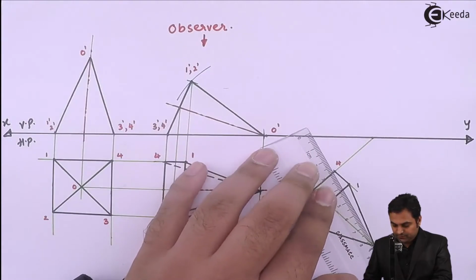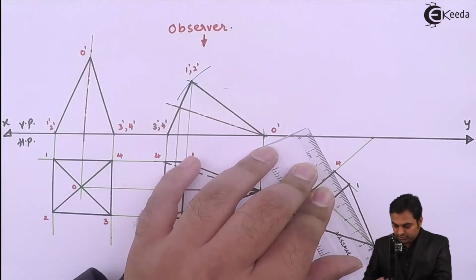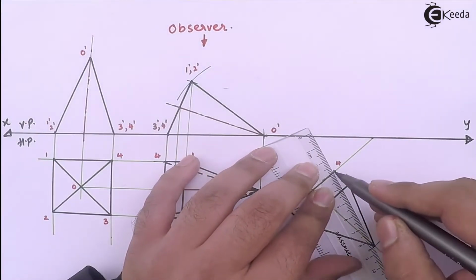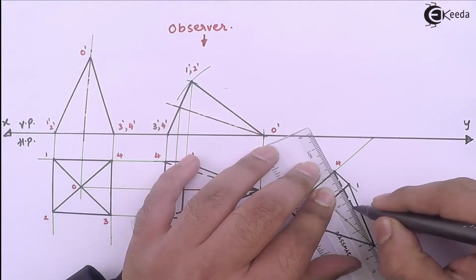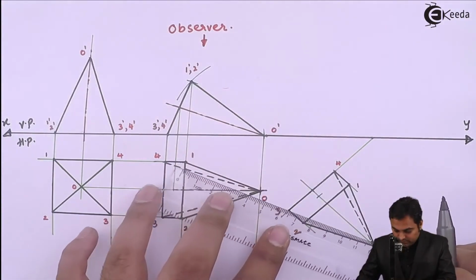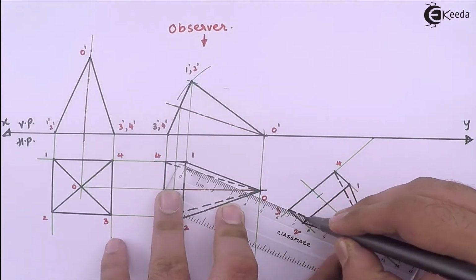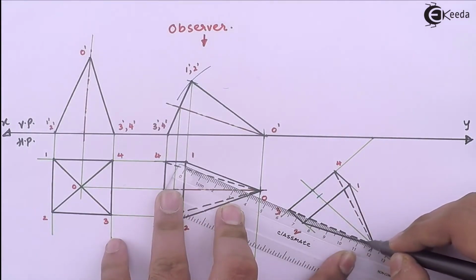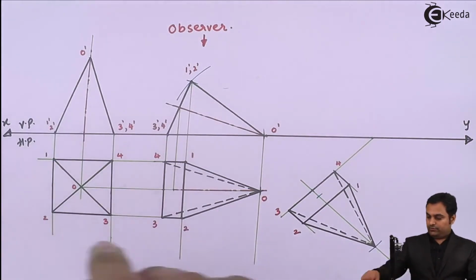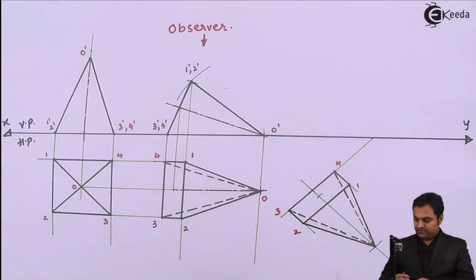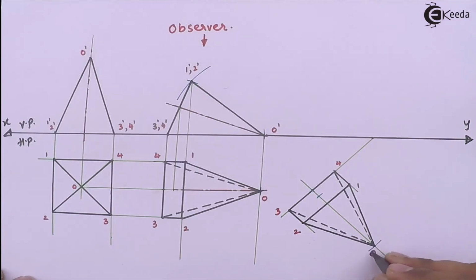Joining to the apex point 4, which is with a dotted line. And from O to 3. So here is the apex, which is point O.